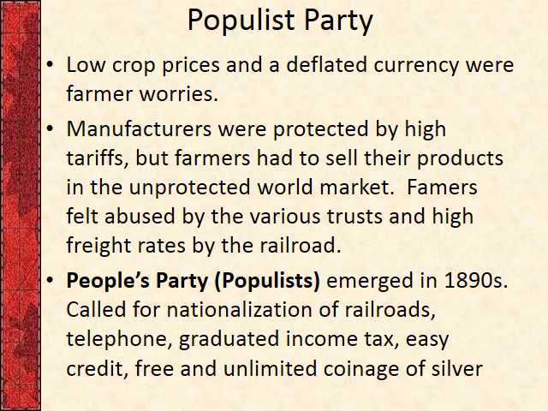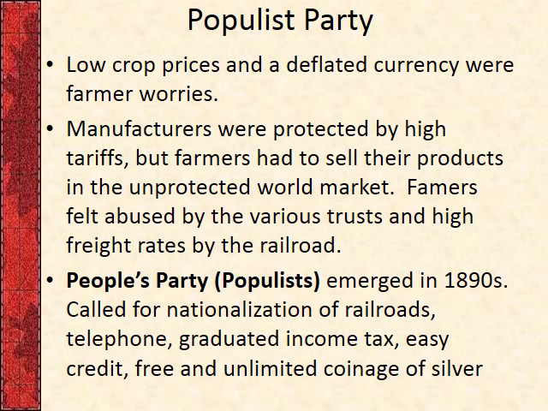In addition to that, the manufacturers, the industries out on the East Coast, were successful in getting the federal government to pass a bunch of high tariffs for almost ever, right? I mean, this was Alexander Hamilton's plan, to have these tariffs even before the Industrial Revolution. So farmers were pissed. They felt that manufacturers were protected by high tariffs, but they got no tariff. They had to sell their products in the unprotected world market.